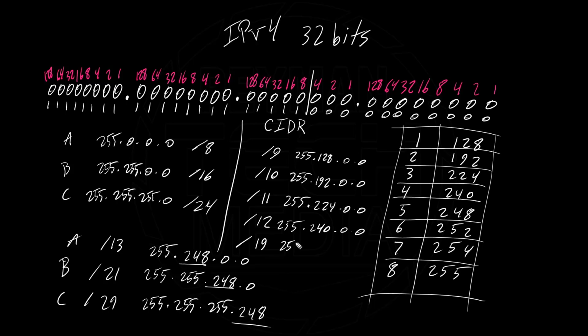So 255.255 dot, so notice 19, 3 bits borrowed on the third octet, so 224. It should be 224, and the last octet is 0. That's it. Quickly, you just converted this CIDR notation of 19 to the full version of the subnet mask.